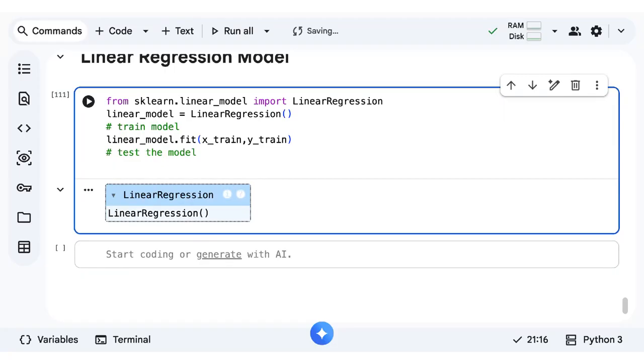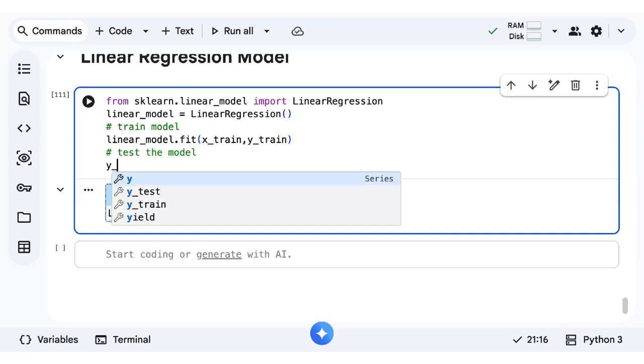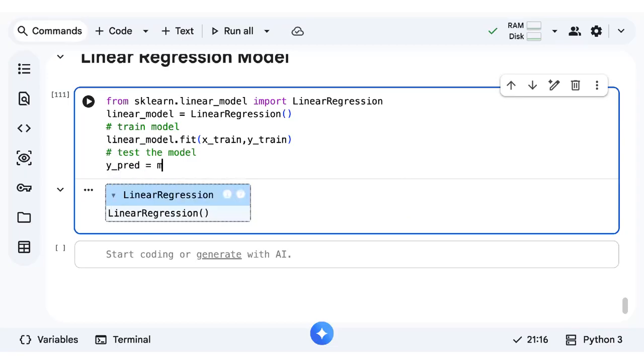So testing, in a sense, we are making predictions, right? I'll call it YPred. So YPred equals your linear model dot predict. What should I pass for making predictions?